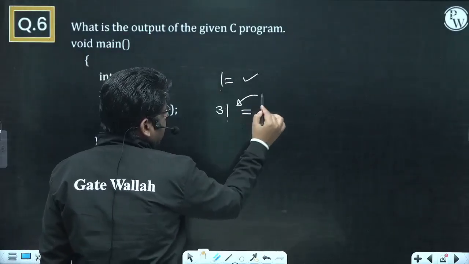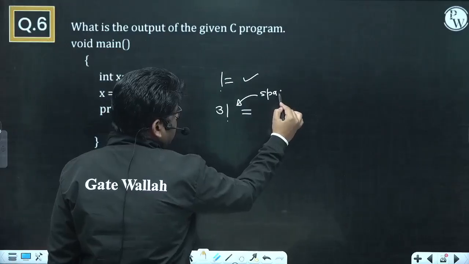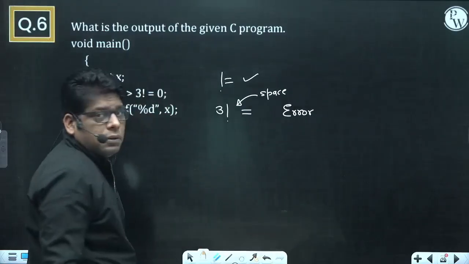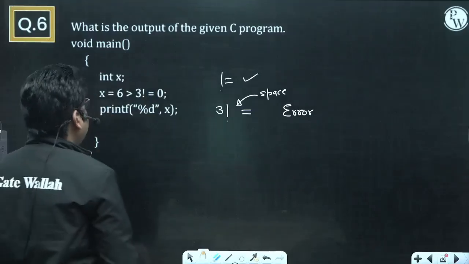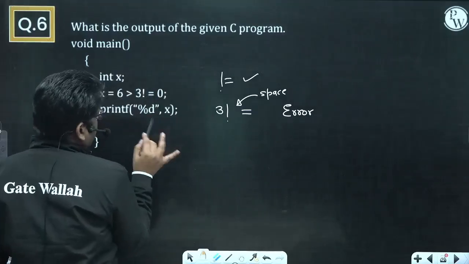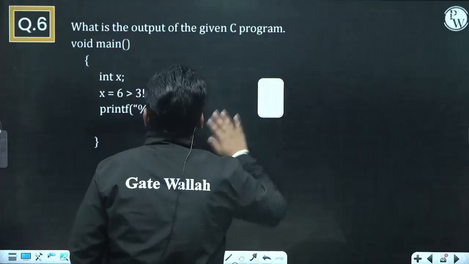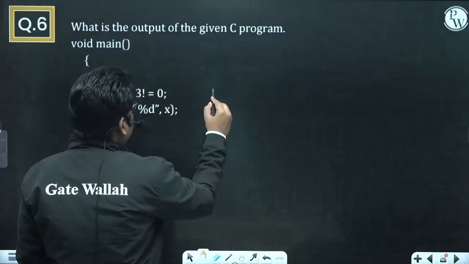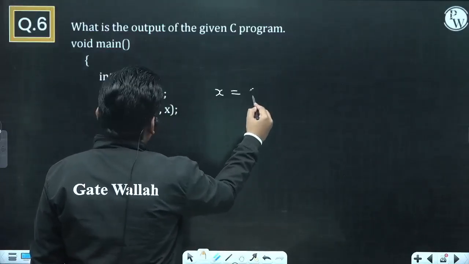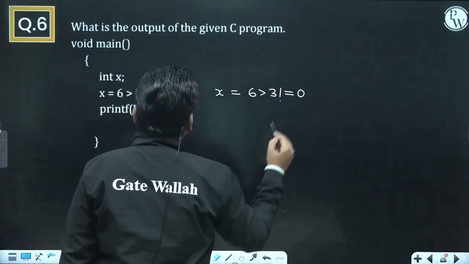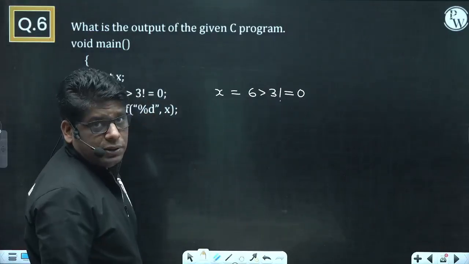If there is a space, then for sure there is an error. But there is no space. Okay? If there is no space, how would we evaluate this expression?